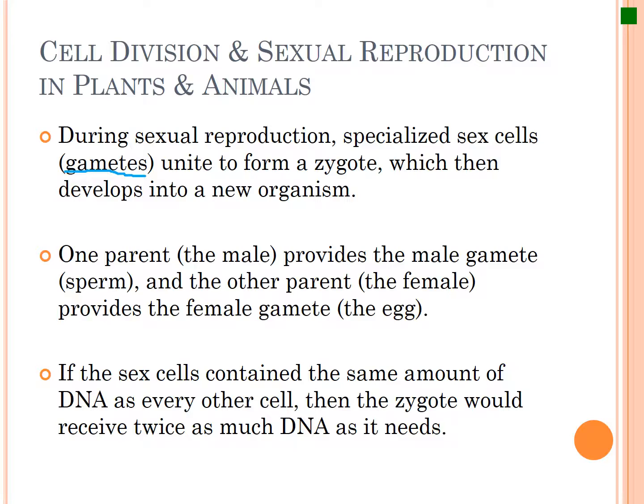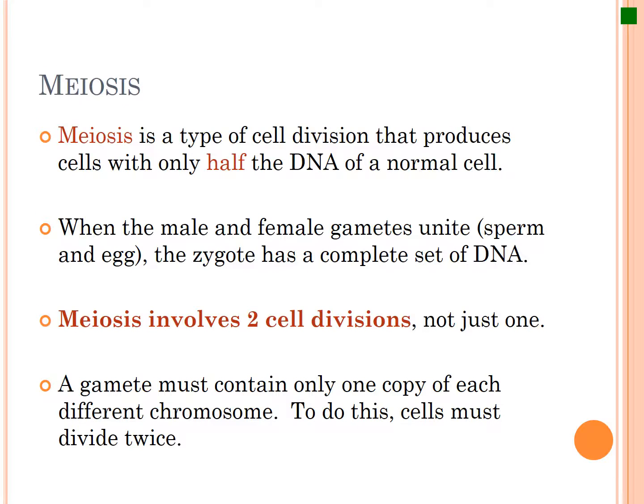You don't want that. So another cell division happens in sexual reproduction to make sure that the amount of chromosomes in the offspring equals that of the parent.